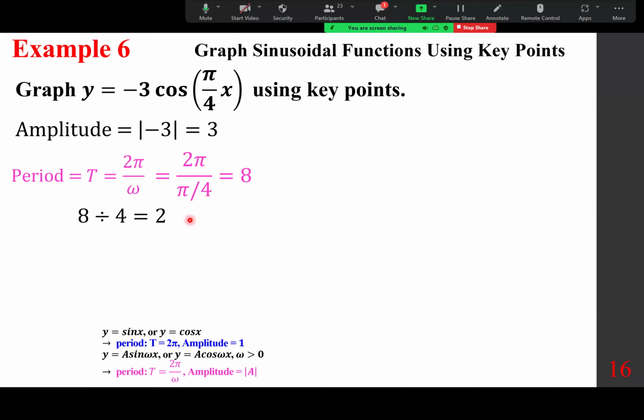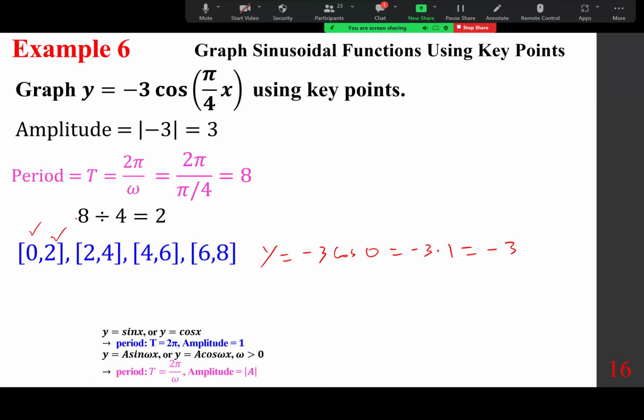0 is easy. If I plug in 0 here, I get cosine of 0, 1 times negative 3 is negative 3. Let's actually write it. So I'm going to write 0. If I plug in 0, y equals minus 3 cosine of 0, which makes it minus 3 times 1, which is minus 3.